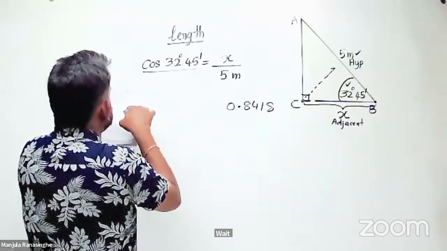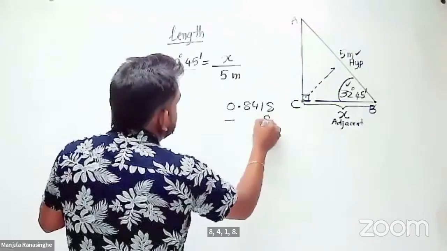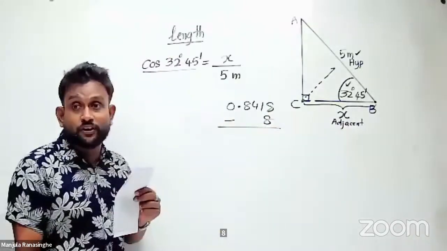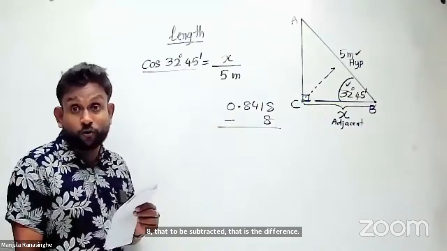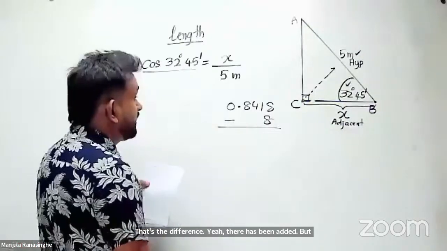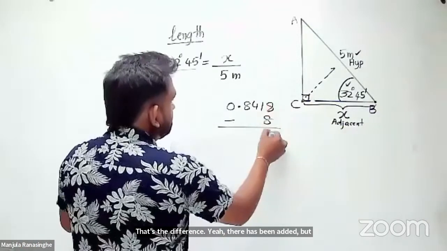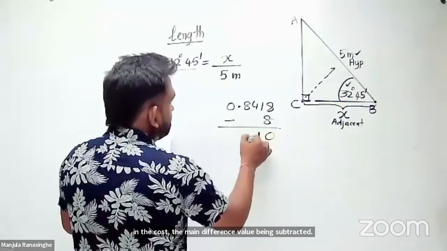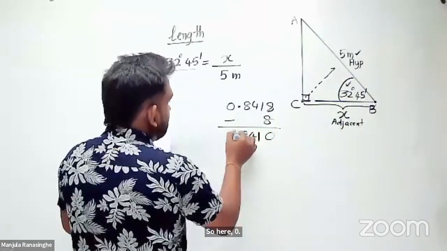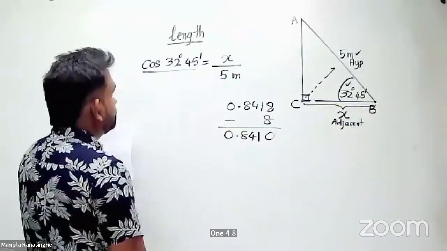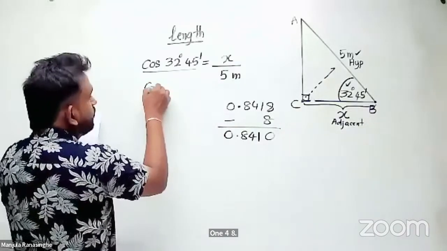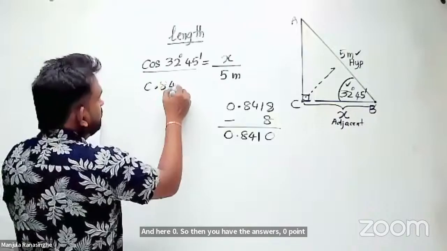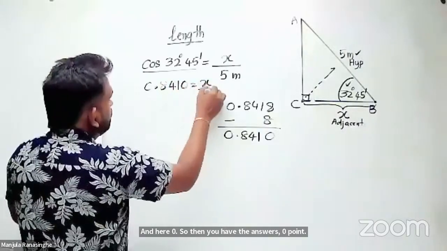The others are added, but in cos the mean difference value is subtracted. So 0.8418 minus 0.0008 gives the answer 0.8410, equal to x upon 5.